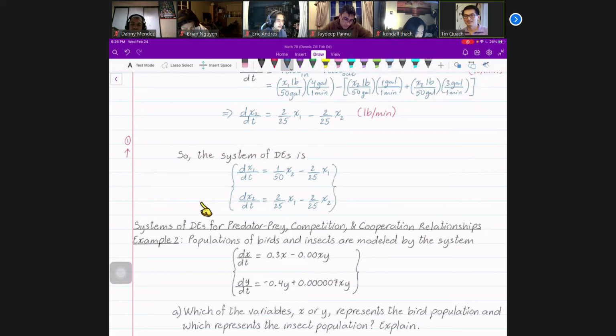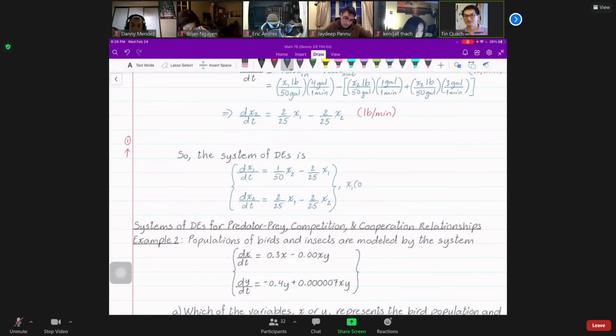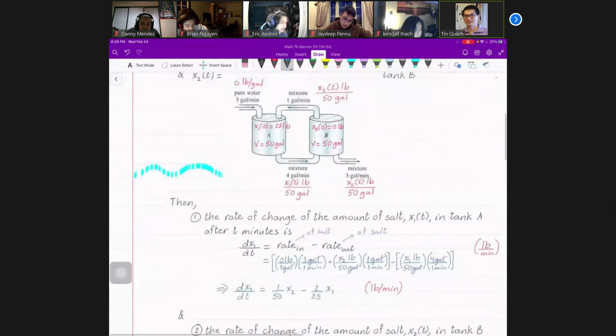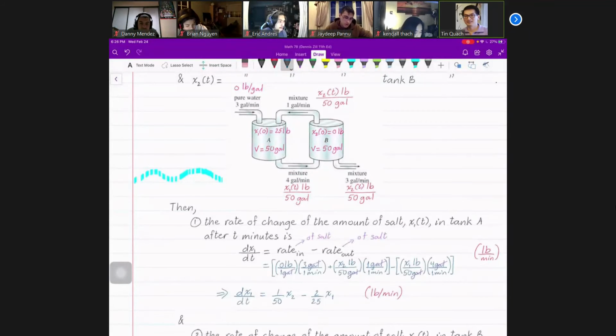But that's not it. You have to indicate the initial amount of salt for each tank. So for tank A at time 0, how much salt is in the tank initially? 25 pounds. 25, and for tank number 2, it is 0, right?